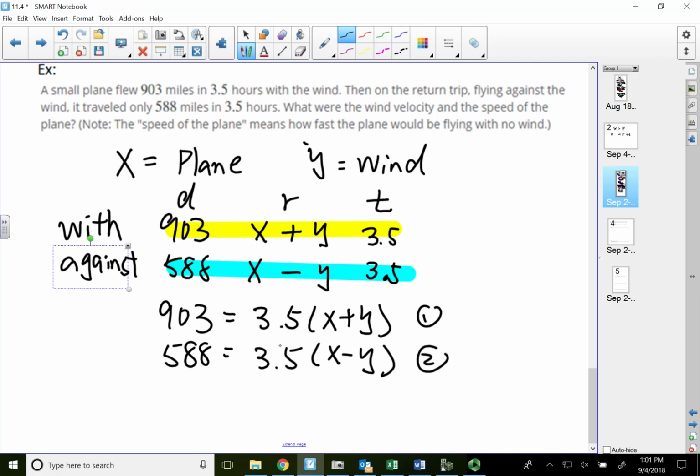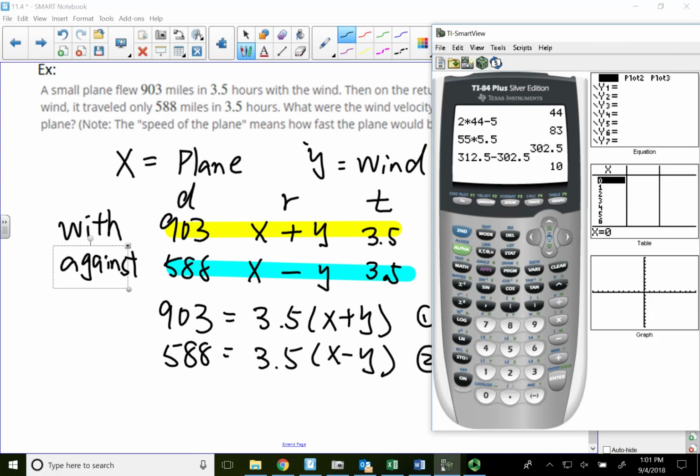So if I divide both sides by 3.5, let's see if we get lucky. 903 divided by 3.5 is 258. Let's try this one. 588 divided by 3.5. Yes, got lucky, a whole number.